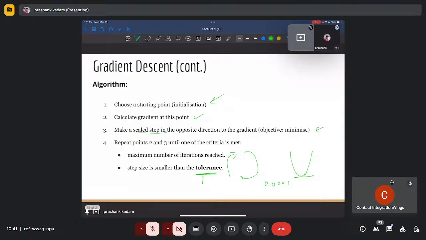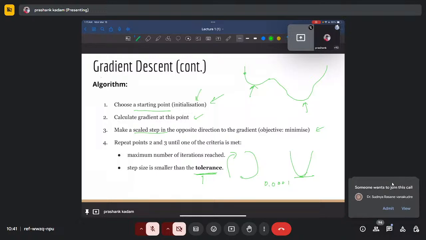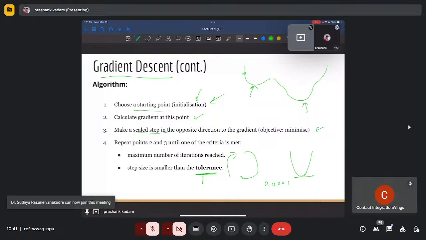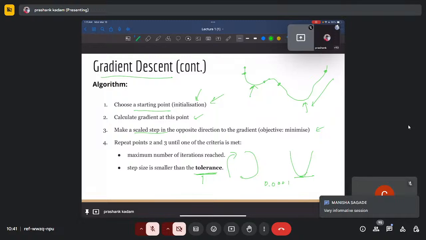Now another thing to understand here is if this curve has multiple local minimas, for example this case, and this is the global minima, right? You should run gradient descent multiple times and take different starting points, then run the whole process and come to the minimum.